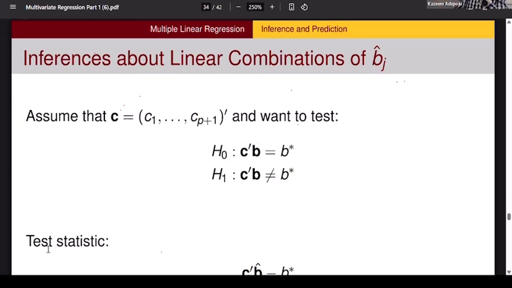We may want to test the hypothesis that the linear combination C transpose B equals a certain B star, and the alternative says it is not equal to that. How are we going to test the hypothesis? We can use a t-test.